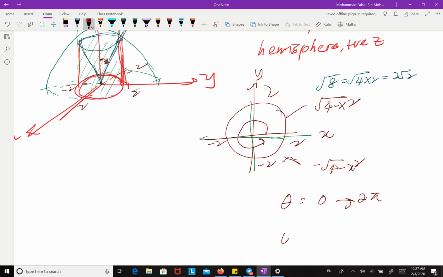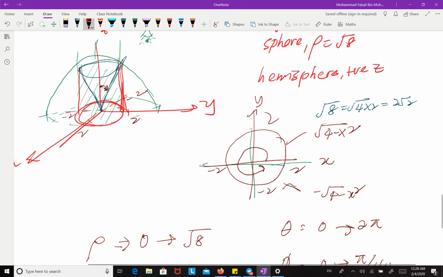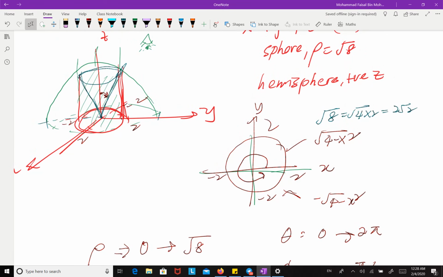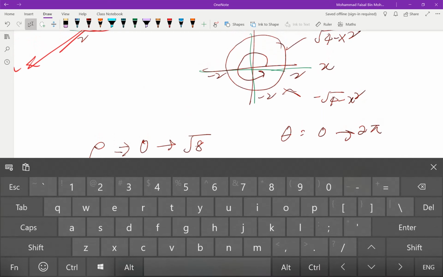So again, your phi is 0 to pi over 4, and then your rho is from 0 to square root of 8, which is 2 square root 2.